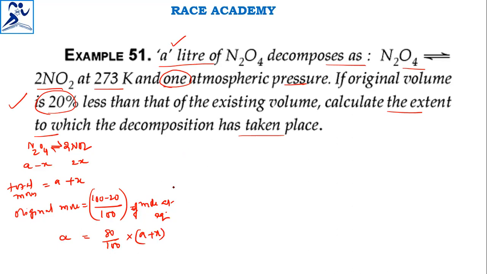So here when you start cross multiplying it, 100A is equals to 80A plus 80X. So 80X is equals to 20A. Finally, you can say that X is equals to 0.25A.